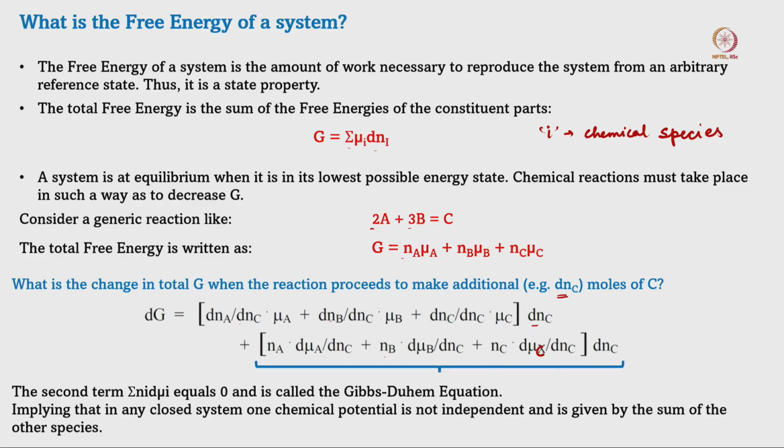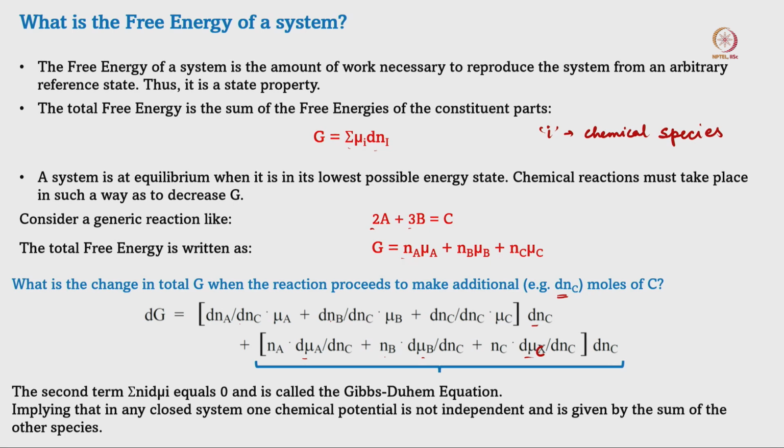Now, this second term, if you can see, this particular term should be equal to 0, and this is called the Gibbs-Duhem equation.